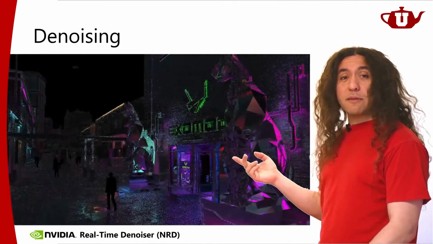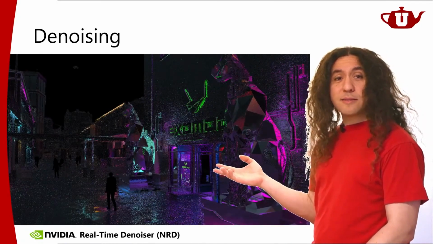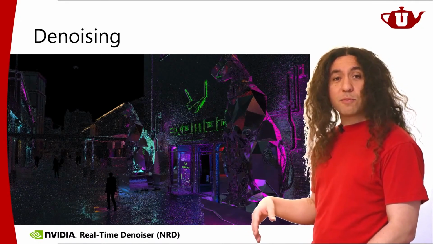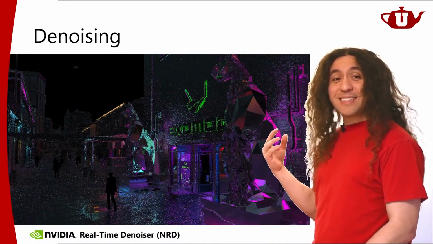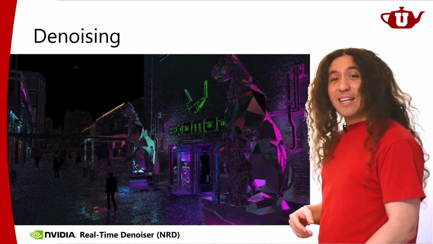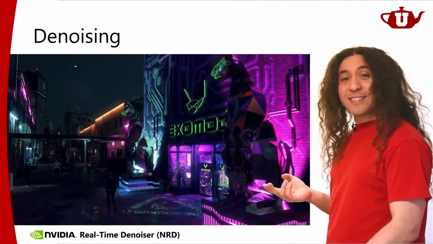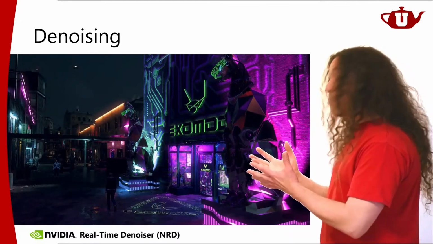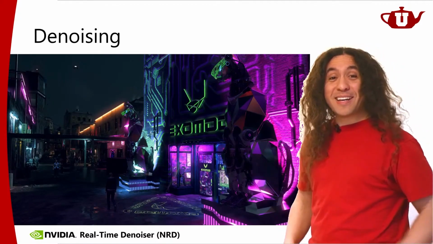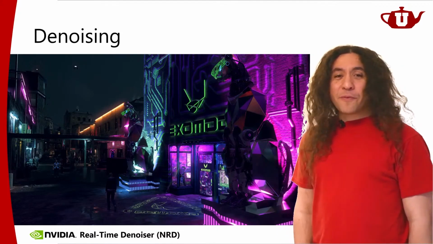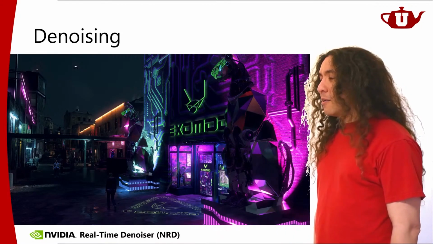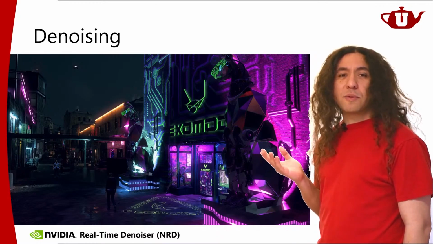Like, you can give an image like this with lots of noise all over the place, and then you can get an image that looks like this. Right? It's like magic in a way. But of course, we are not computing this image with all these rays.